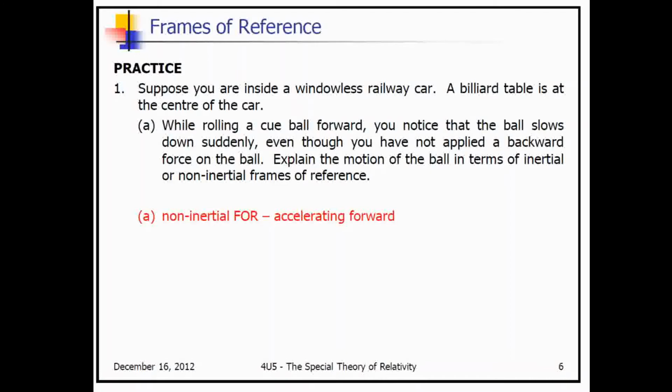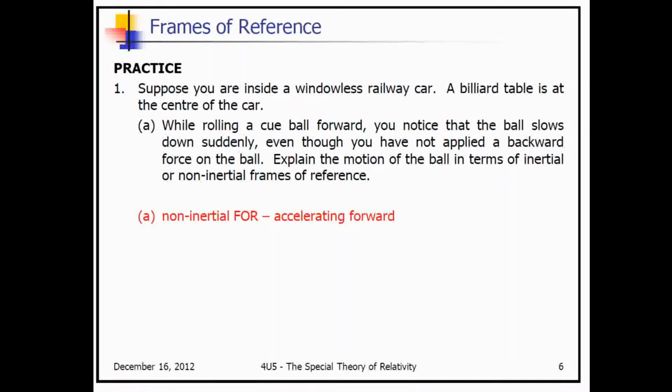So if you roll a ball on a billiard table, it will keep rolling until it hits the back rail. However, if a force is applied to it, it will either move faster or move slower, or it will move in a different direction. So if this ball is moving forward and all of a sudden you see it start to slow down, that means a backward force must have been applied to it.